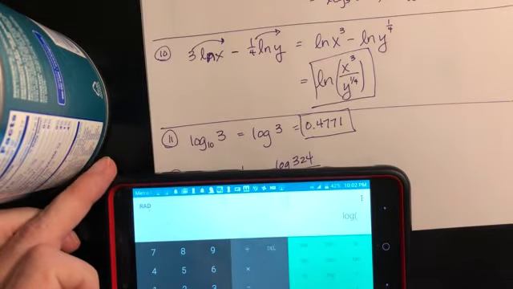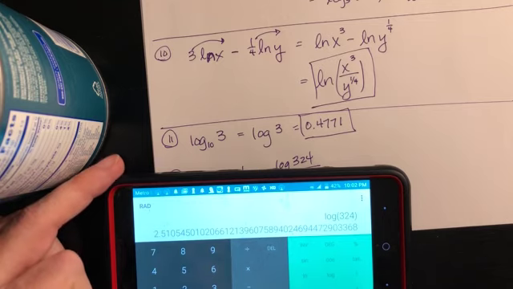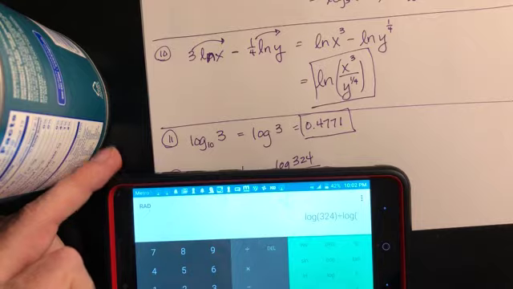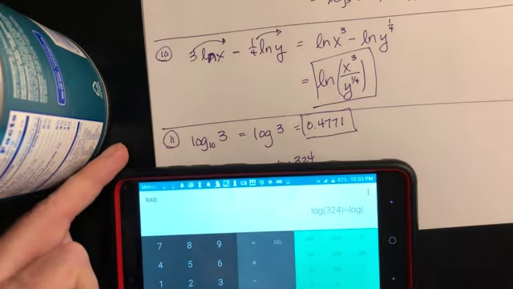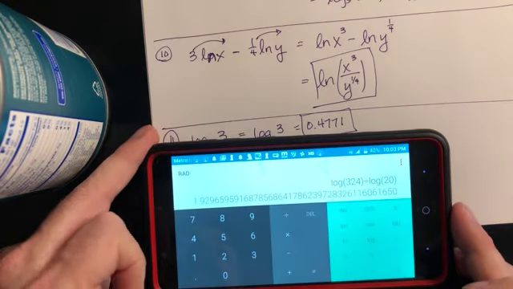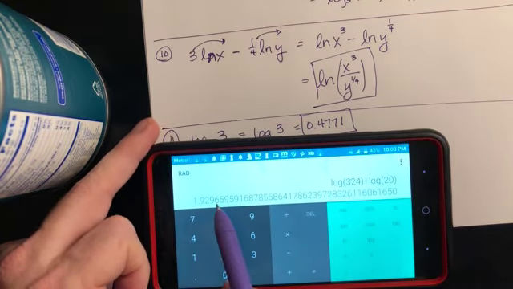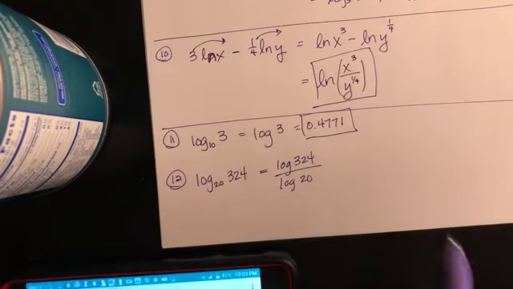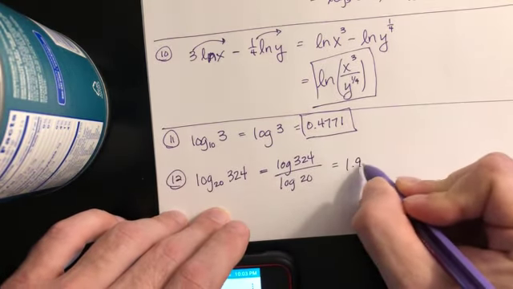I can say log 324, parentheses, and then I can hit divide by log, parentheses, of 20. You need to write log twice. And then that tells me the answer. It's 1.929, and that rounds to 1.9297.